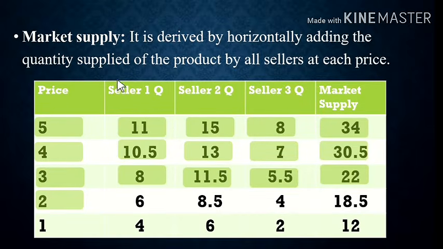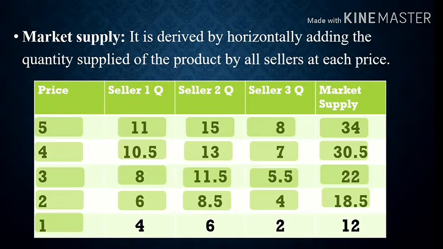Market supply, the sum of all, decreased from 22 to 18.5. Where did this 18.5 come from? It is the horizontal addition of the quantity supplied of all sellers. Adding the three horizontally, we get 18.5.